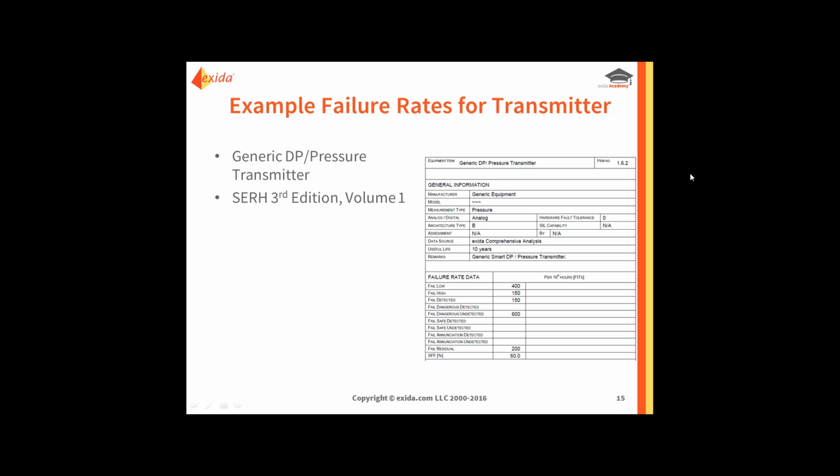And what we can see on this data sheet is that there's a fail low failure rate of 400 FITs, a fail high failure rate of 150 FITs, a fail detected failure rate of 150 FITs, and a dangerous undetected failure of 600 FITs. So that's the fail frozen, basically, and then a fail residual of 200 FITs. So that's information that we may get from a failure mode effect and diagnostic analysis for a particular transmitter.